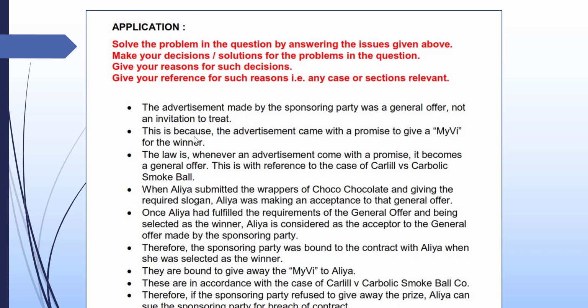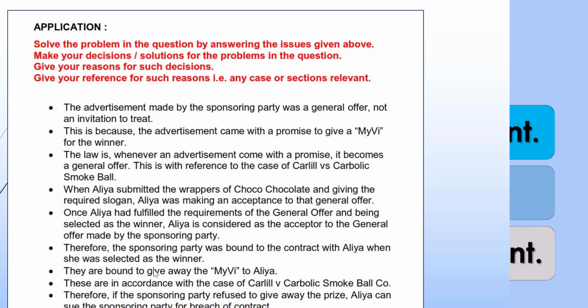So this is the example, the reason saying that the advertisement is a general offer because it came with a promise. And this is by virtue of, or with reference to, the case of Carlill versus Carbolic Smoke Ball. This case was cited in your law and authorities before this, right? So this is the way how to make the application.